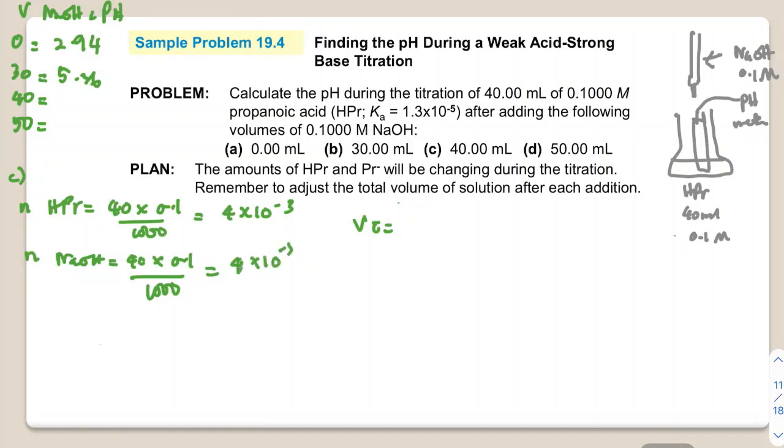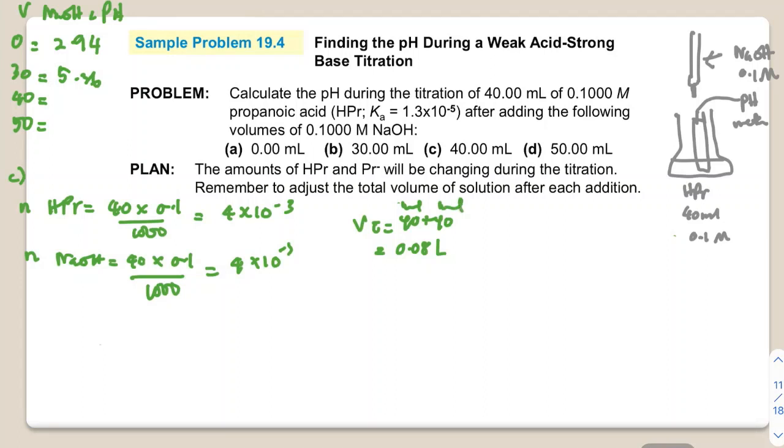When we look at their same amount, we know that this is the point at the equivalence. Then we can calculate the V total is equal to 40 plus 40 is equal to 0.08 liter. Okay, 40 ml for both.